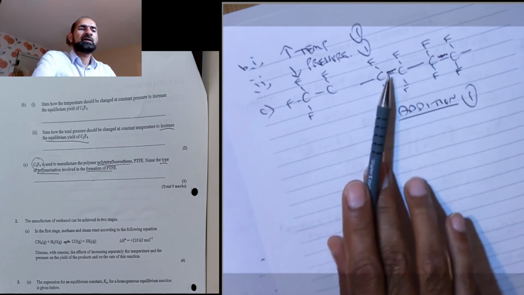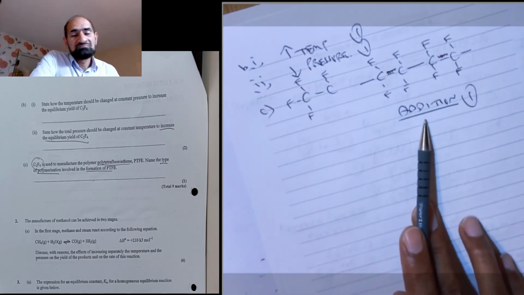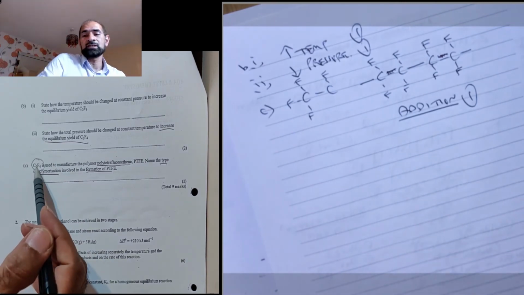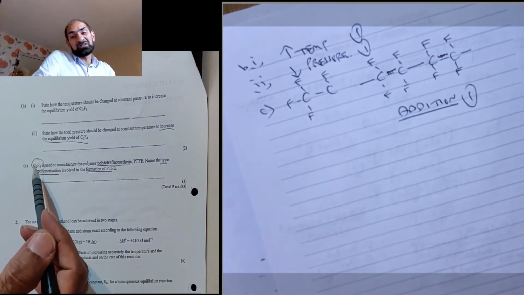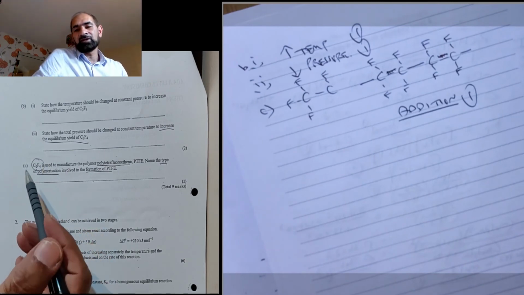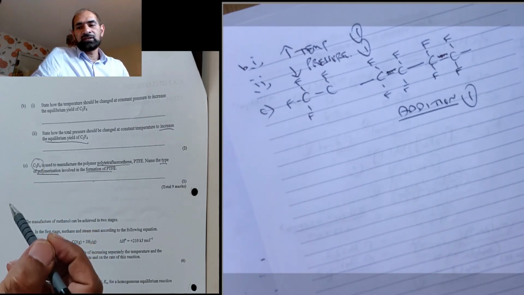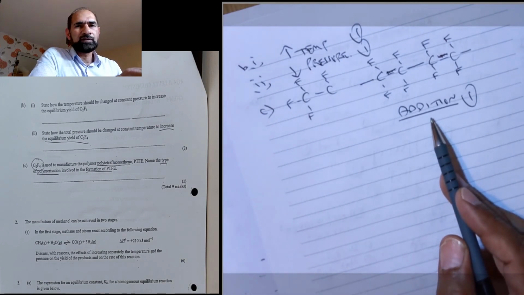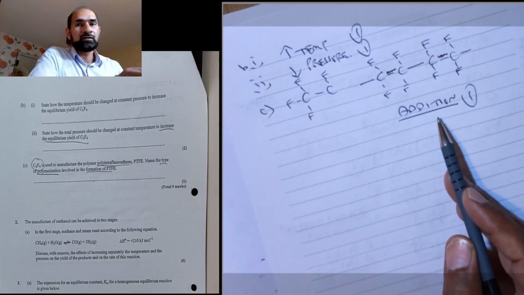This one, as I say, you don't need to draw. Addition: just remember, as long as you know what that molecule is, a double bonded molecule, usually it's addition polymerization. The other one they'll accept also is free radical. If you remember, I've got another video here, probably have a look: free radical substitution.